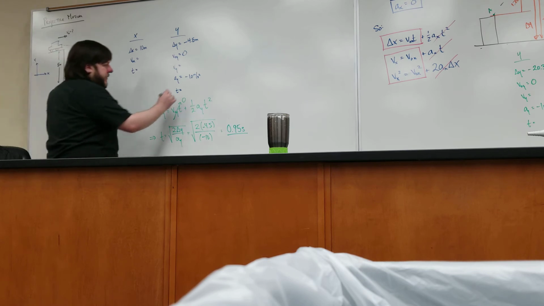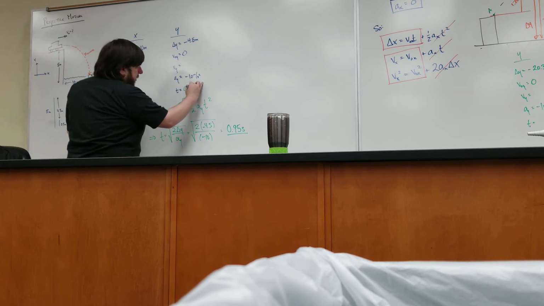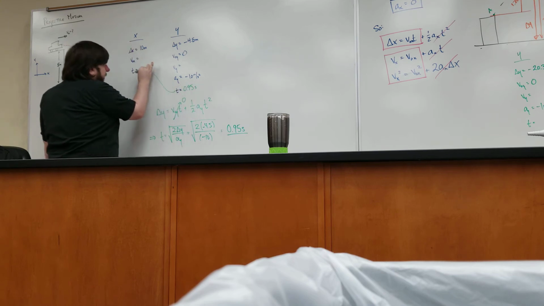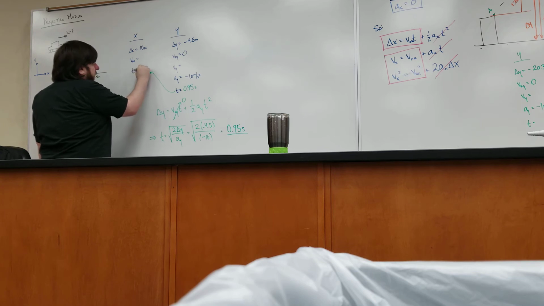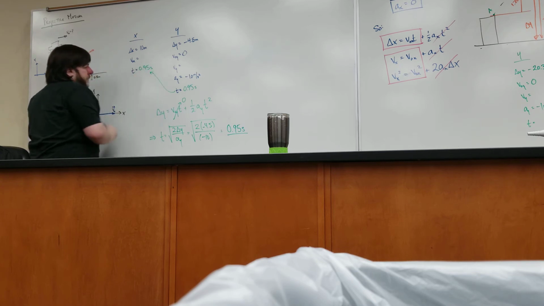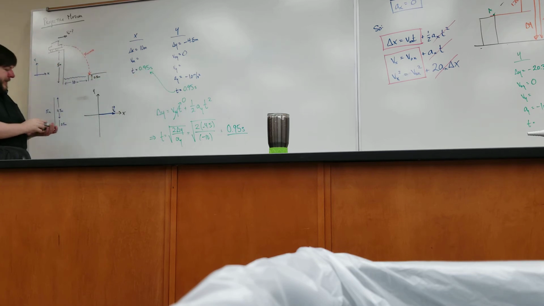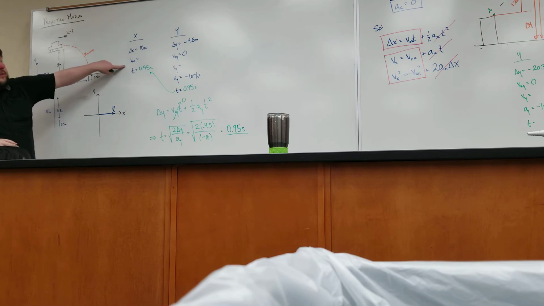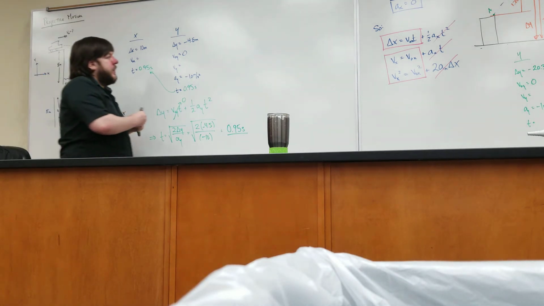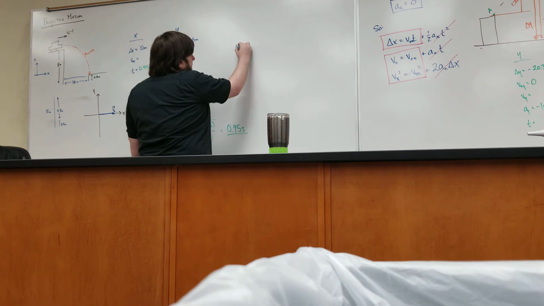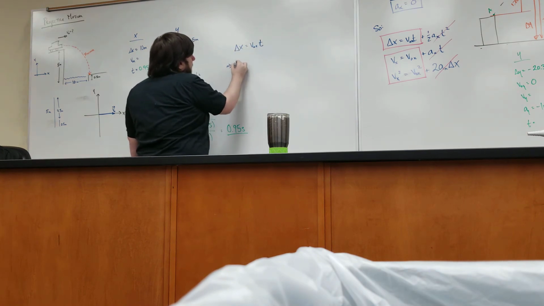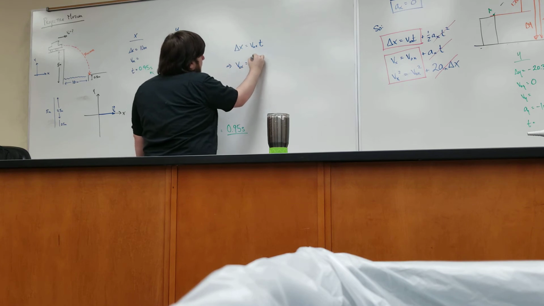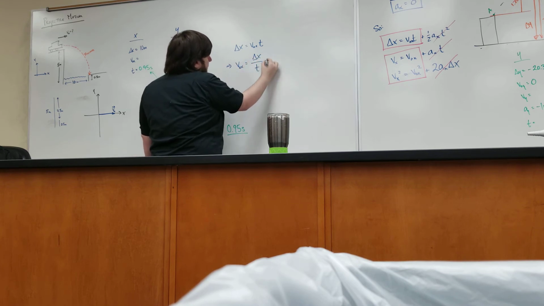And that's exactly what you get if you just carry the time over. Okay? And then you use the only x equation that we have. The only x equation that we have is delta x is v naught x times t. So the initial velocity, v naught x, is delta x over t.